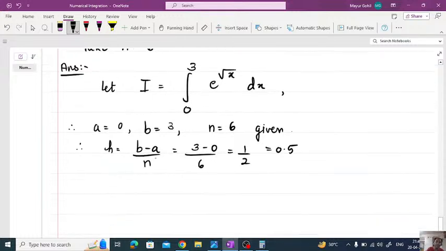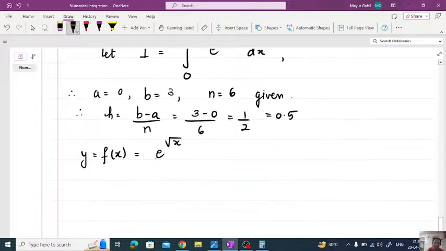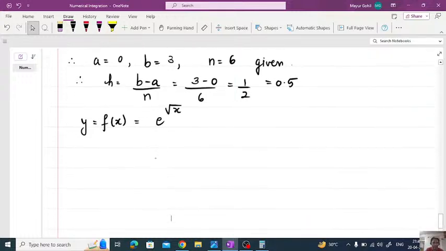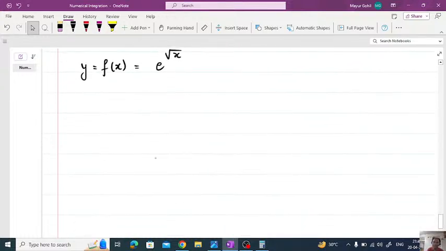Now we will need to make the table. So y equal to f(x), where f(x) is the function e to the power root x. We will always go up to 4 decimals whenever we are doing any calculation. So now we will prepare a table, which will be helpful to us.